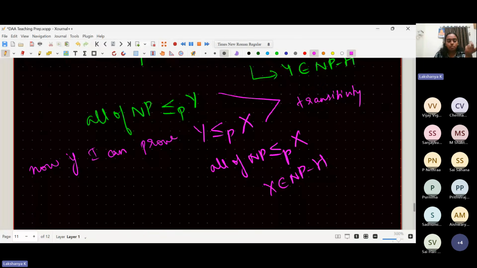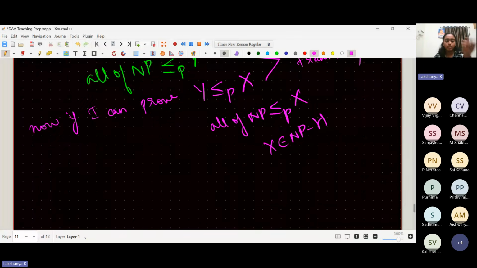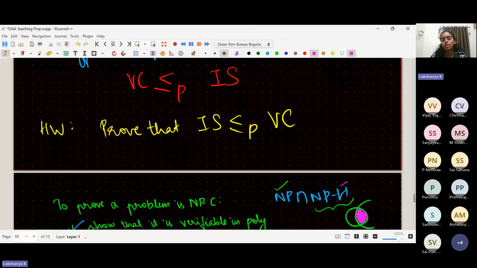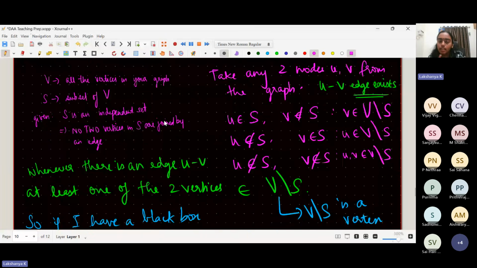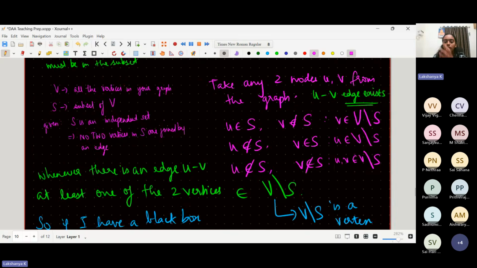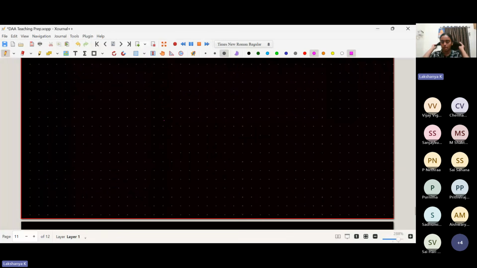So you will be given some problem Y, or you can take something which you know is NP complete, and then you have to think of a way to reduce something like this. So for example, you know that vertex cover is NP complete. Now you take vertex cover, you take your problem X and you try to prove that vertex cover is reducible to your problem X. So how you reduce is just thinking. You have to come up with the logic.